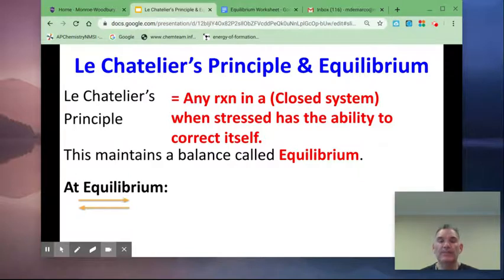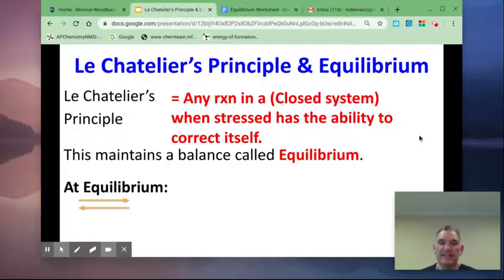Depending on the fonts used, you might get the arrows side by side, or a little broken arrow on top and bottom. So a double arrow means equilibrium.